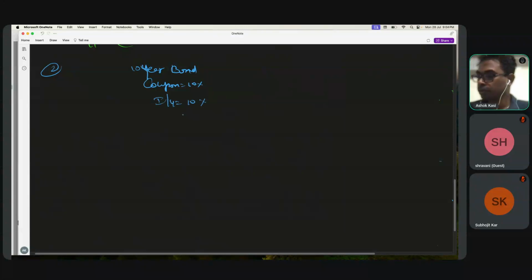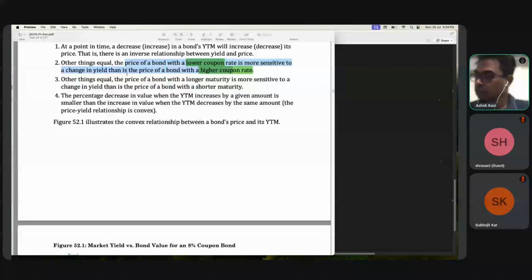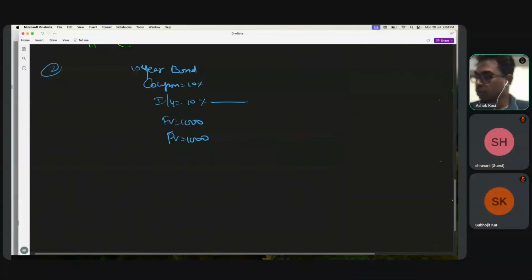IY is also 10 percentage, let's say. Future value is 1000, present value is 1000. Now when the interest rate changes, other things equal, the price of the bond with lower coupon is more sensitive. Okay, so let's say interest rate goes to 11 percentage.